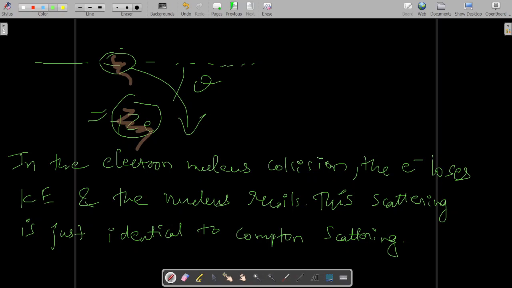The theory of quantum scattering is a complete theory, and we need not go into the theory.